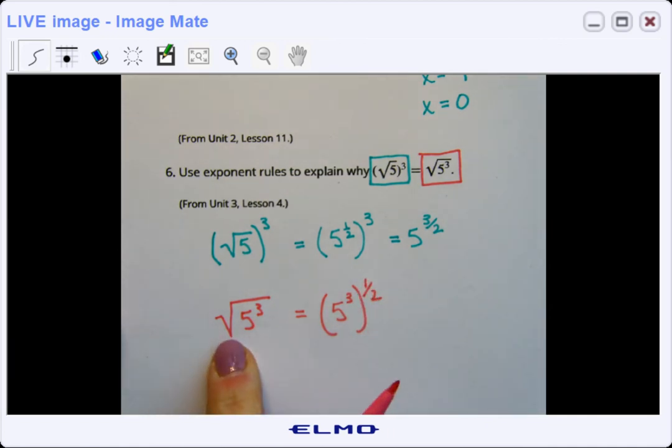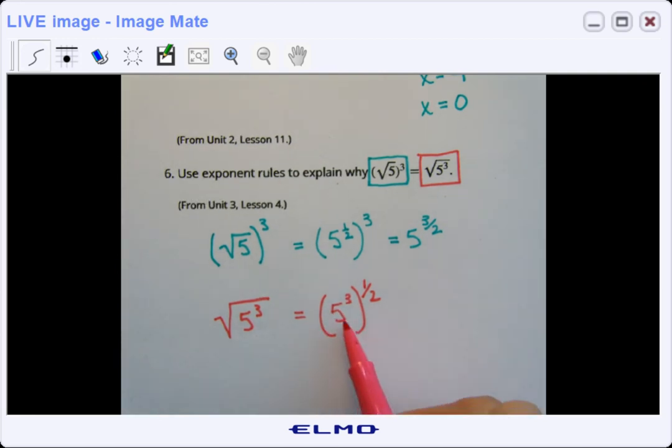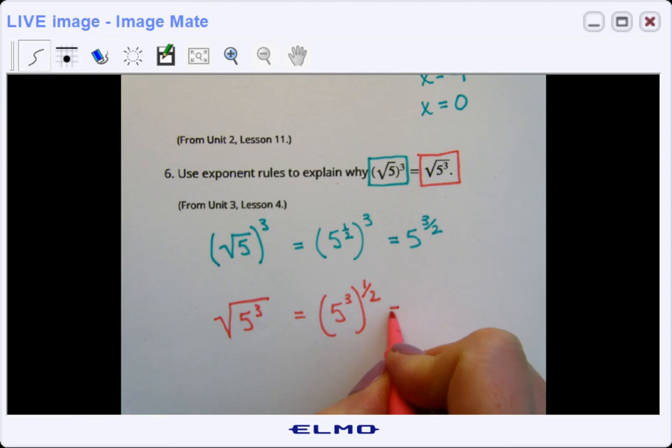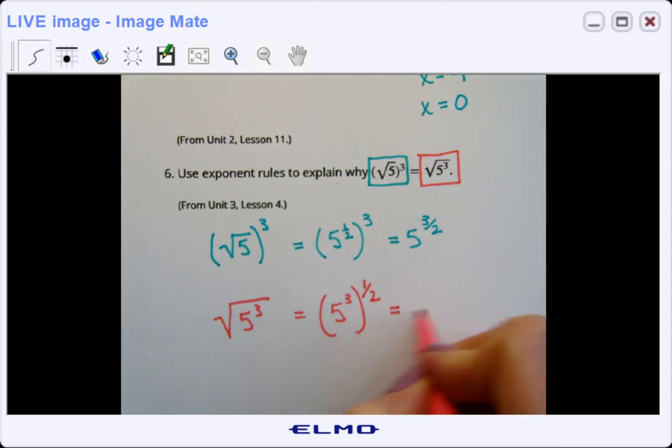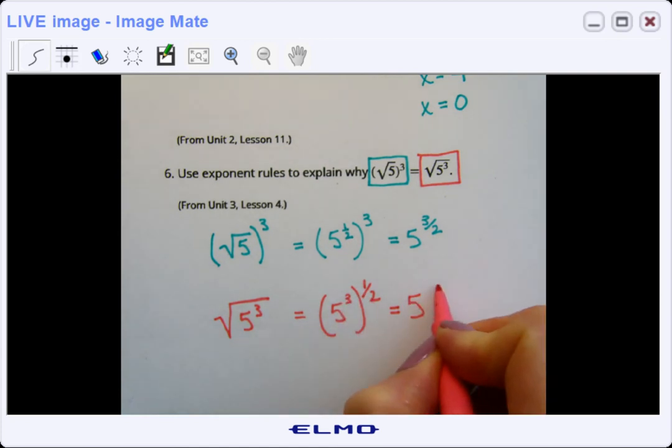So I took the radical and rewrote it using an exponent. So instead of square root, I have a power of 1/2. Still on 5 to the third though, okay? So same as above, when you raise a power to a power, the base stays the same, and you multiply the exponents. 3 times 1/2, again, is equal to 3/2.